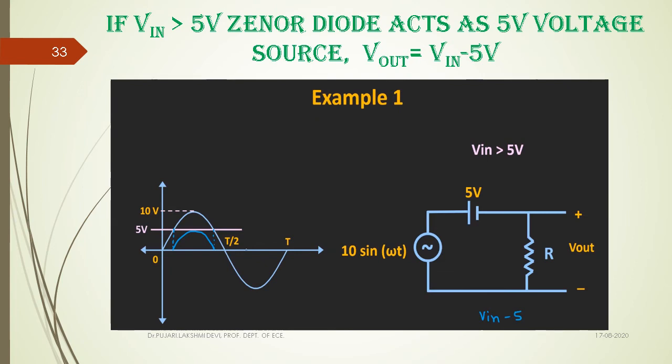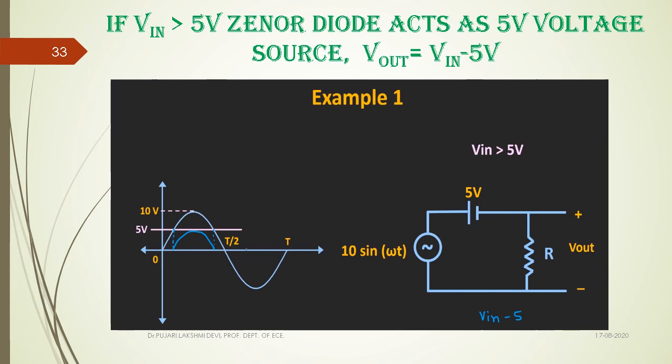Now suppose Vin crosses this 5 volts, then what happens? If Vin is greater than 5 volts, at that time the diode is forward biased. It acts as a simple diode, that is, a closed switch. If the diode is forward biased, it acts as a closed switch, so the output follows the input.